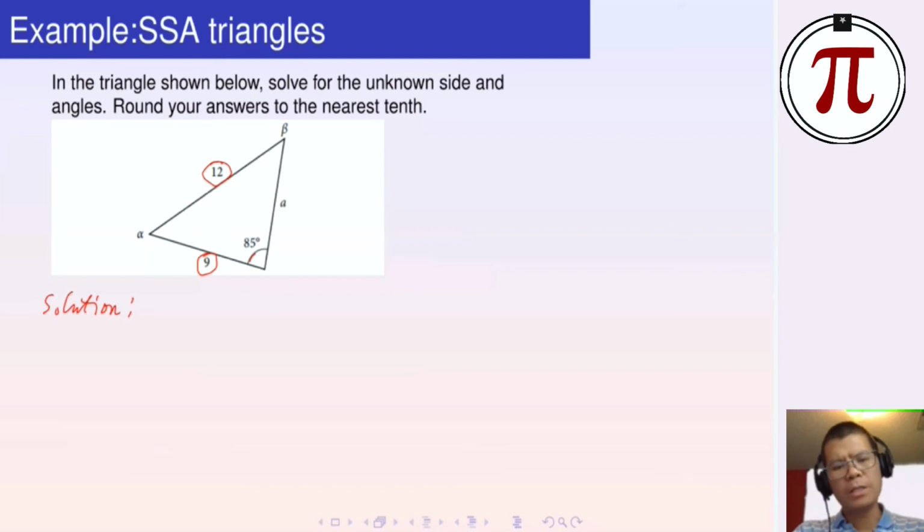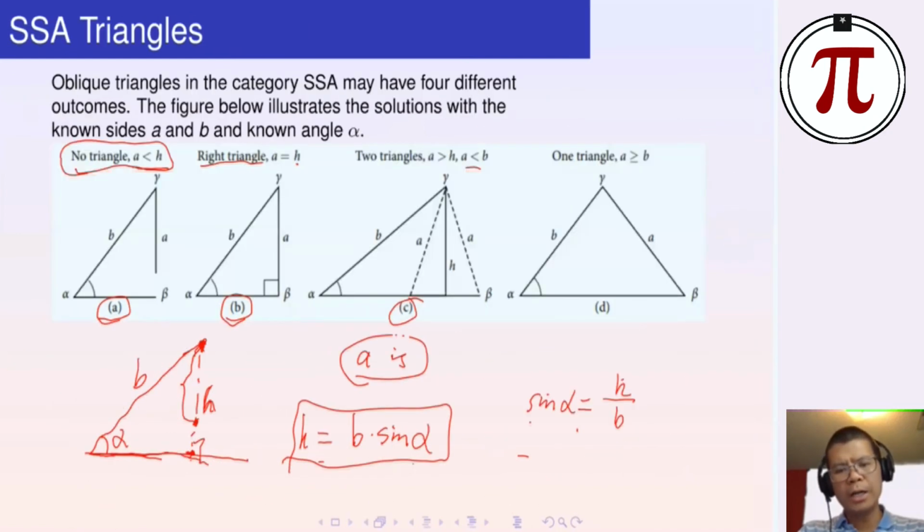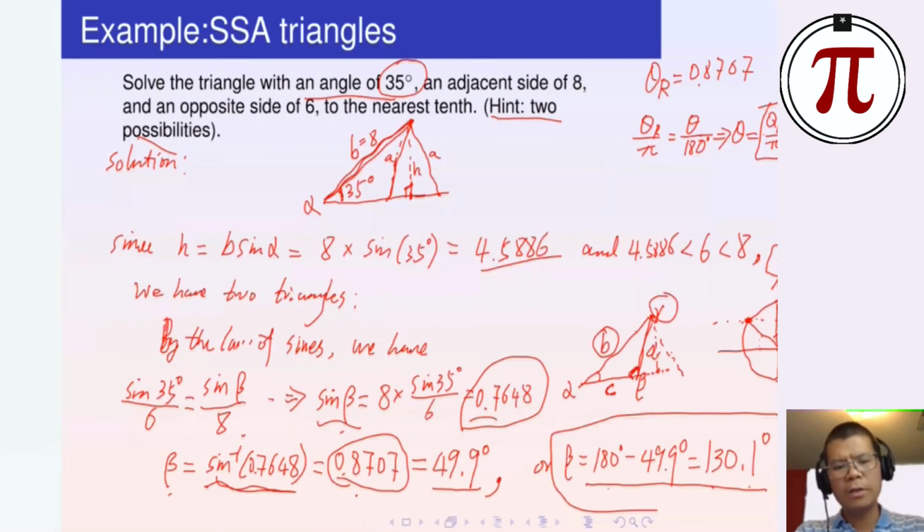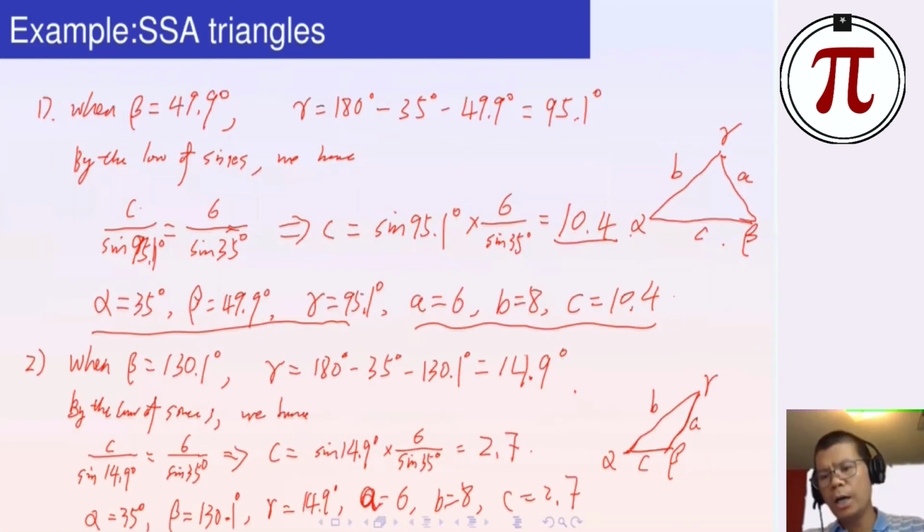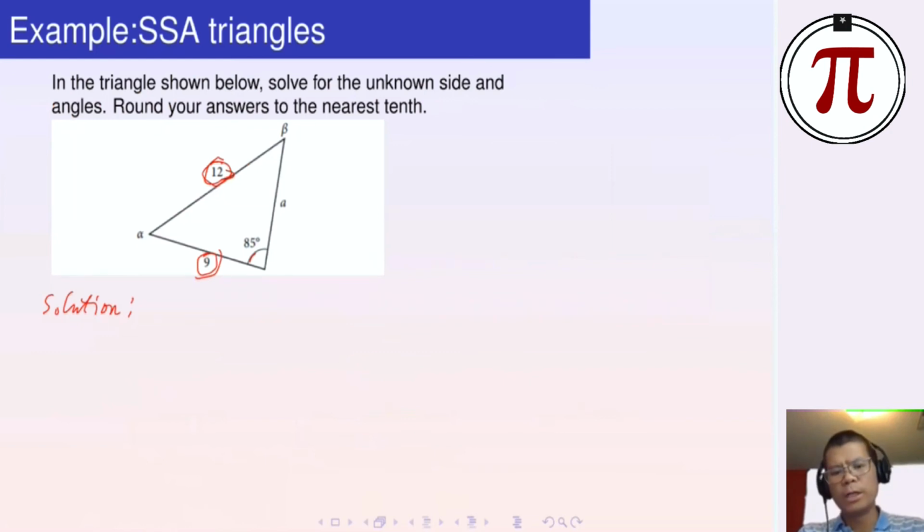The opposite side is 12, right? For this one, the adjacent side is B, the opposite is A, right? Here the opposite is greater than the adjacent, then there's only one triangle, yes? So the opposite of the angle is 12, adjacent is 9, right? So therefore what?